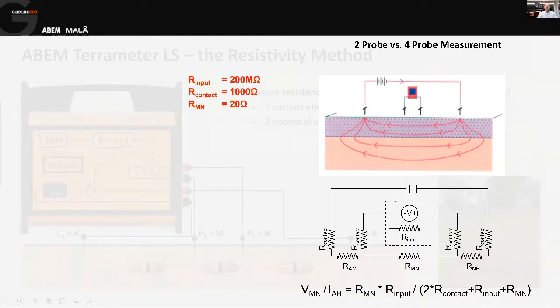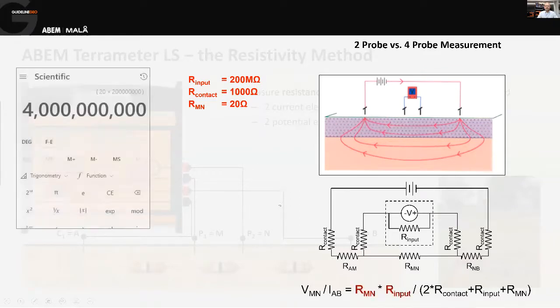And then we're going to say that the input resistance, that's the internal resistance of our measuring meter, is going to be 200 megaohms. So that's 200 million ohms. So here's the equation that calculates all that. If we calculate the first part of the equation, that is the path resistance multiplied by the resistance of the meter, we end up with a value of 4 billion ohms.